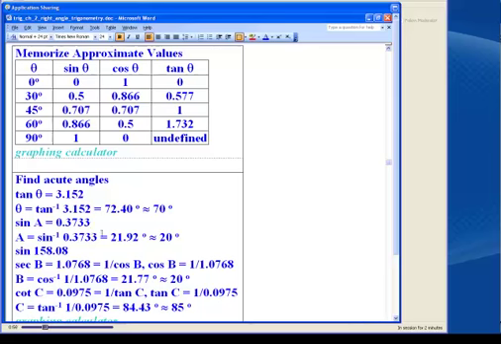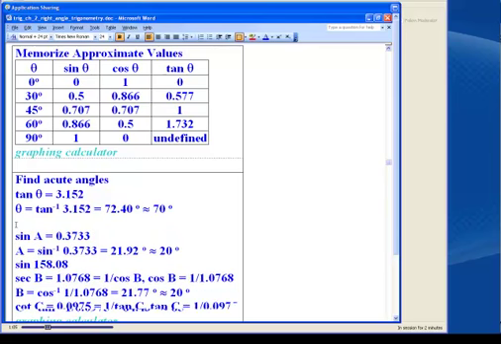And then for the tangent, we're going to look at not 72.40 degrees, but at 252.40 degrees and take the tangent of that.